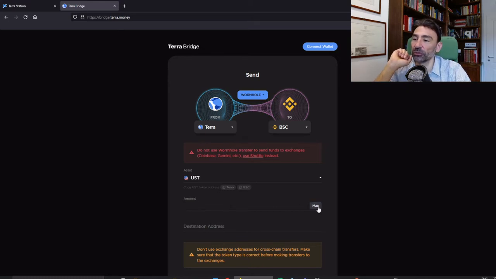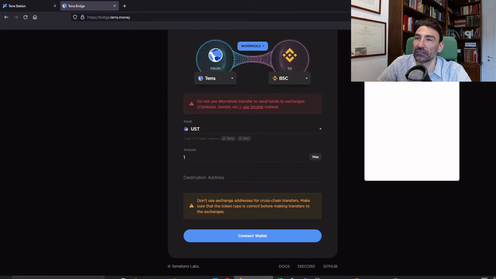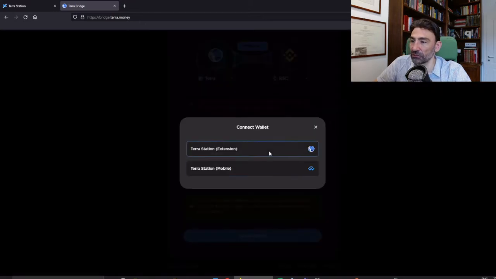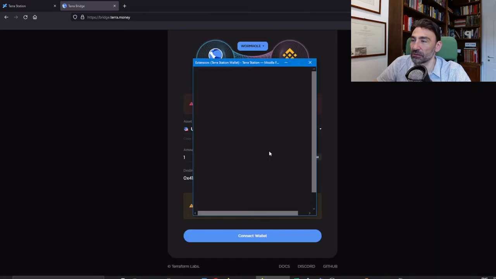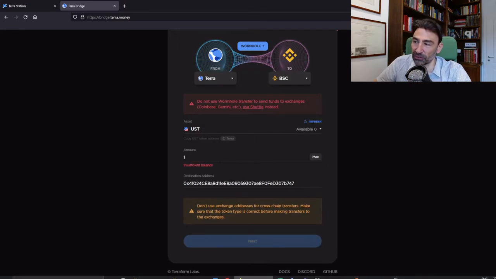I currently have none, I'm afraid. But let's try, I put one. I will need to put here a destination address on Binance, so I copy it. I connect my Terra Station. Now it will realize that I don't have money, so it will complain. Okay, yeah, amount must be greater than 0. Sorry, I don't have it.